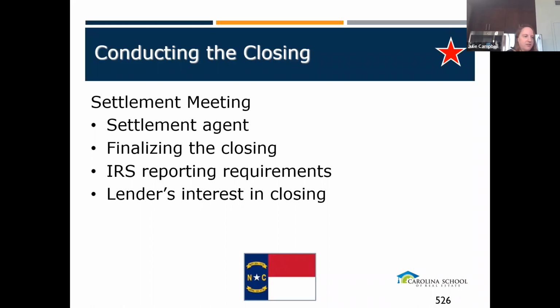That's what the lender's interest is. Making sure that their deed of trust gets recorded immediately after the deed. Why? In the event of foreclosure, we want, remember, lien priority. They want to make sure they're first in line. So the attorney will do that on behalf of the lender.